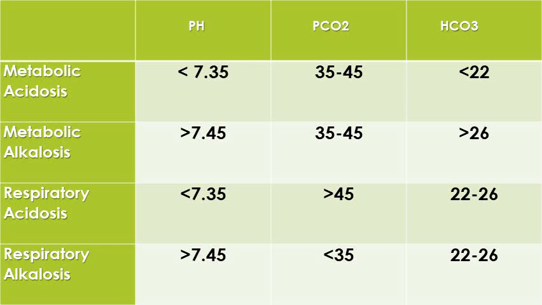Respiratory acidosis: pH will be less than 7.35, PCO2 will be more than 45, and bicarbonate level within normal range. In case of respiratory alkalosis, pH will be more than 7.45, PCO2 will be less than 35, and bicarbonate level will be within normal.